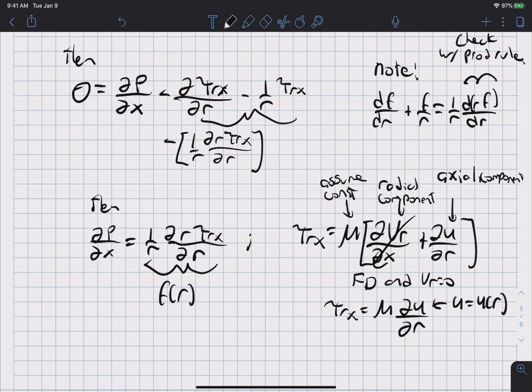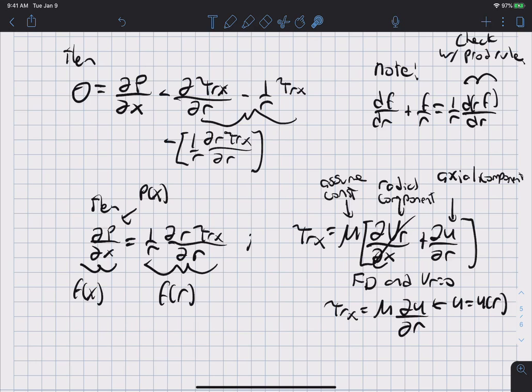Also, we argued that pressure is a function of x only. So over here we have a function of x equal to a function of r over here.